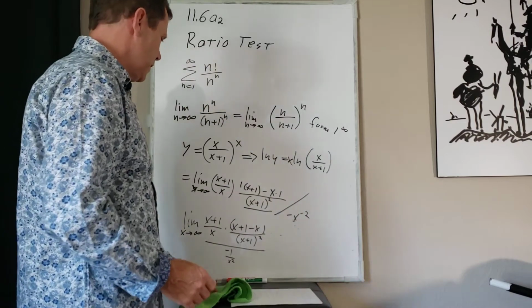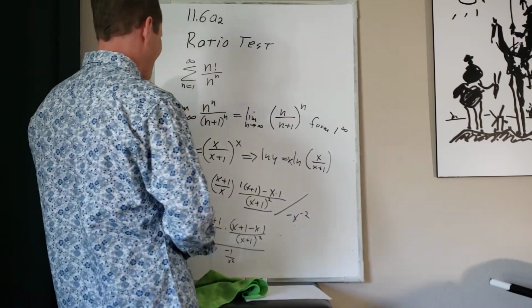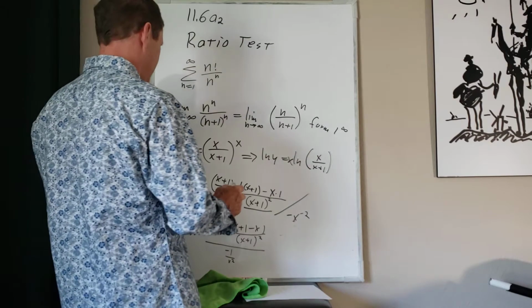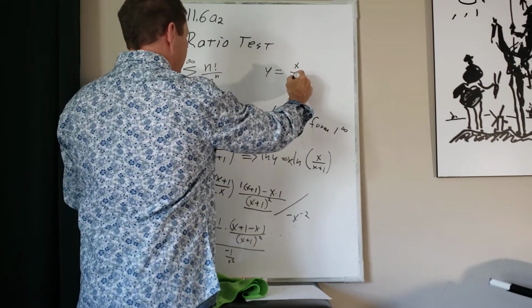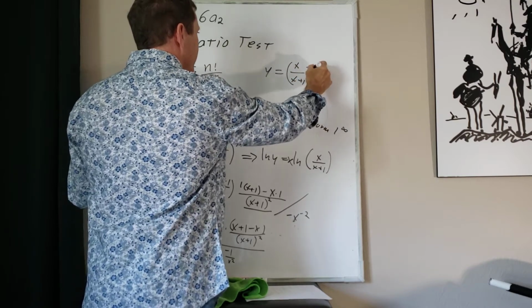Okay, now I'm going to write this up here. I'm going to need some room. y equals x over x plus 1 to the x.